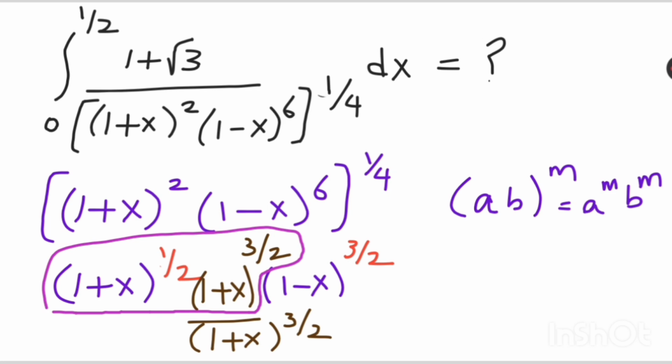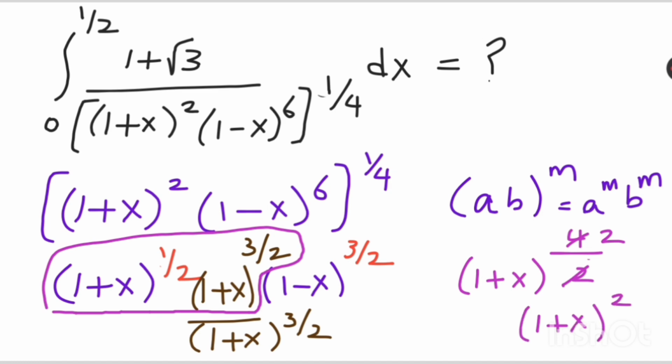Here the bases are the same, which is 1 plus x. When bases are the same, we can add the exponents, isn't it? So let's add the exponents. What we have is 1 over 2 plus 3 over 2. The LCM is only 2, and adding the numerators we get 4 over 2. After cancelling, we get only the power 2. So that is (1 plus x) whole raised to the power of 2.